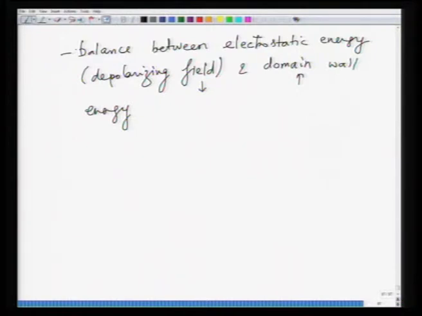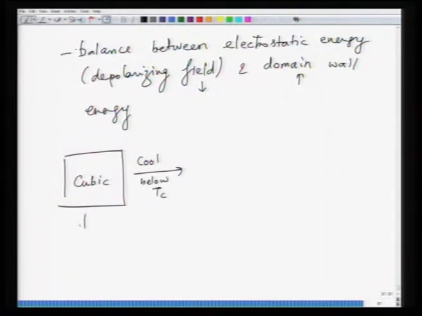Now, domain walls in the crystals. For example, you start from a cubic state of a material. This is the paraelectric state, a high temperature state above the Curie temperature, above Tc.